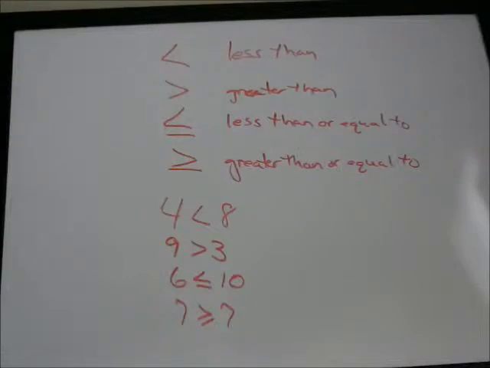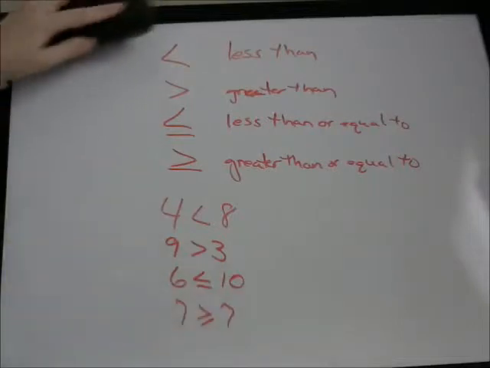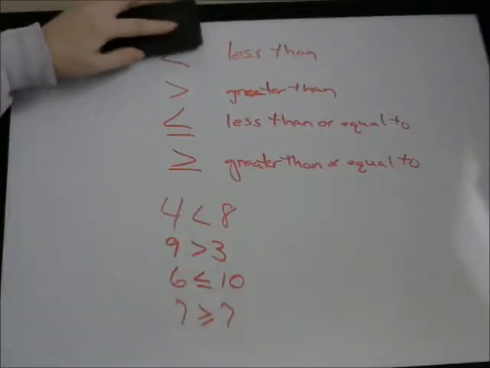When you're using these symbols in algebra, you are going to use them really the same way you would with an equal sign, except in two occasions. If you don't know how to solve basic algebra equations, you need to watch that video, because I'm not going to go through that here.